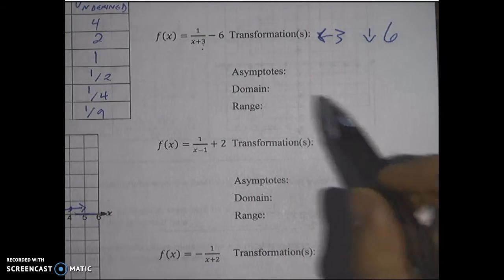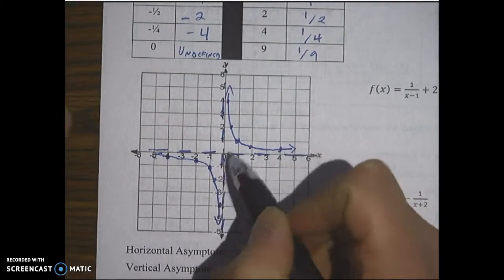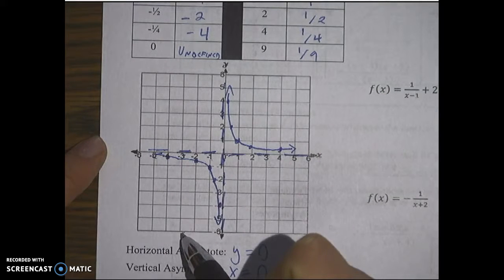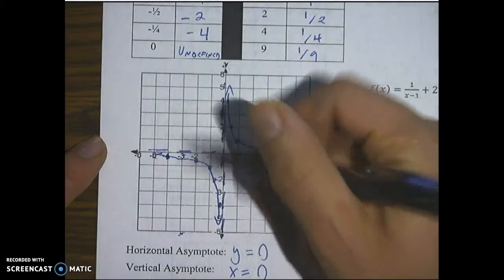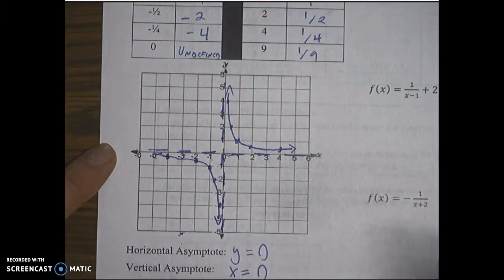So imagine that the asymptote for the parent function is at 0, 0. If I go left 3 and down 6, that's going to move the asymptotes to right here. This is where they intersect. So I'm going to have an asymptote at x equals negative 3 and y equals negative 6.